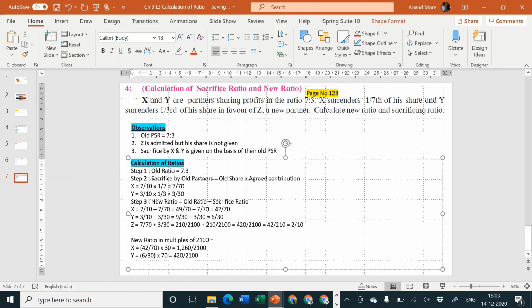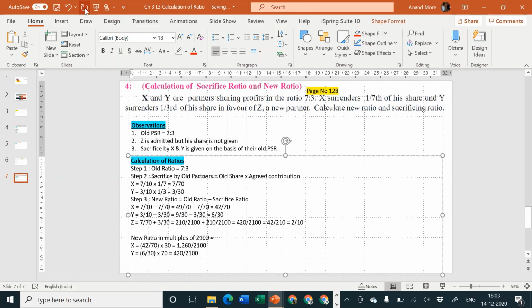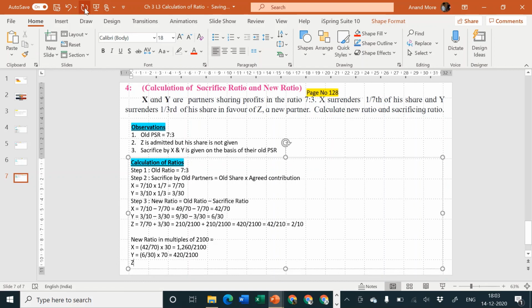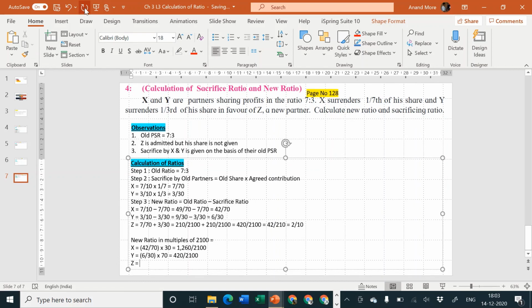And Z we have calculated just now. That was 420 upon 2100. So just check it out.